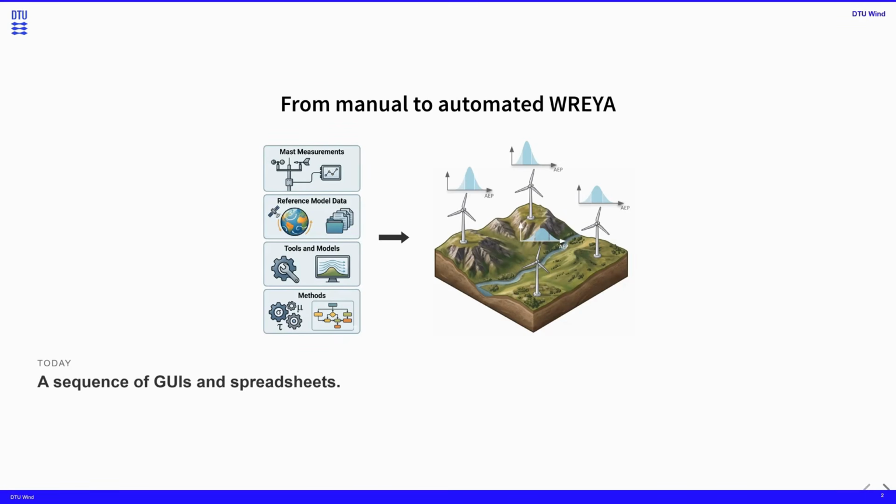And making a bit of a caricature of the current state, maybe, but maybe only a little bit. Today, this process is done as a sequence of work done in graphical user interfaces, and then passing data from one graphical user interface to the next one, and then maybe combining that with in-house methods and spreadsheets and so on. As I said, it's maybe a bit of a caricature, but not too much.